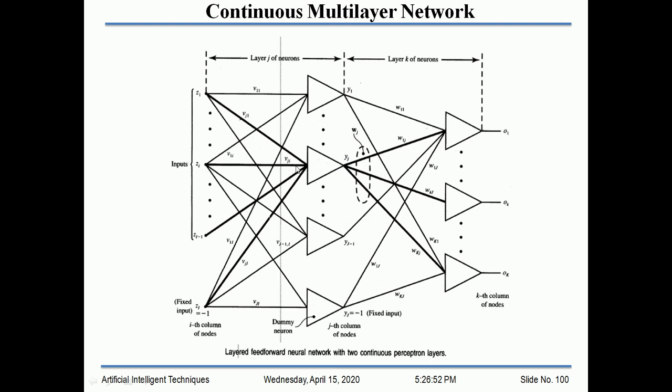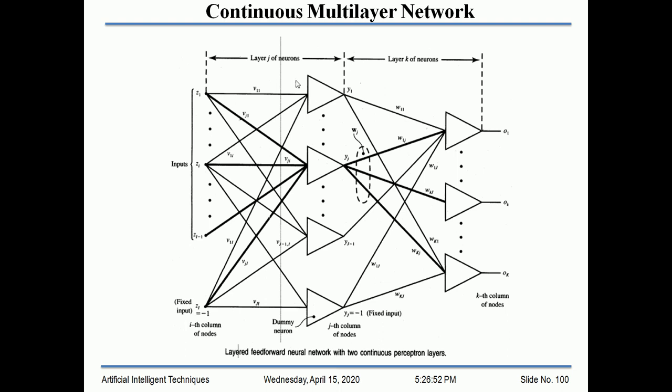You know how to write these weights, V1,1, V1,2, V1,3 and so on up to Vji. So these are the interconnection weights. Z indicates the input vector, V indicates the interconnection weights between the input nodes and the hidden layer.